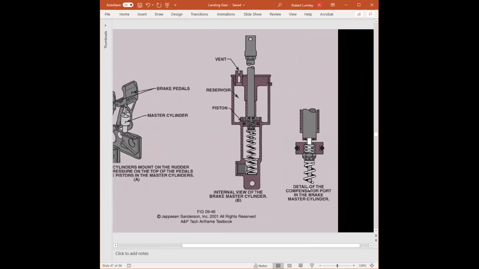Okay, so right here is the highlighted or expanded view of this. Here we have the piston and the O-rings that seal it against the cylinder.